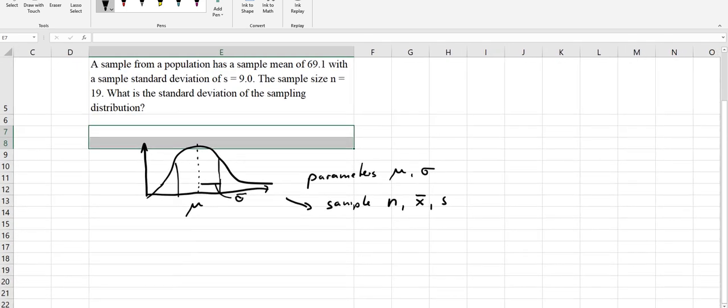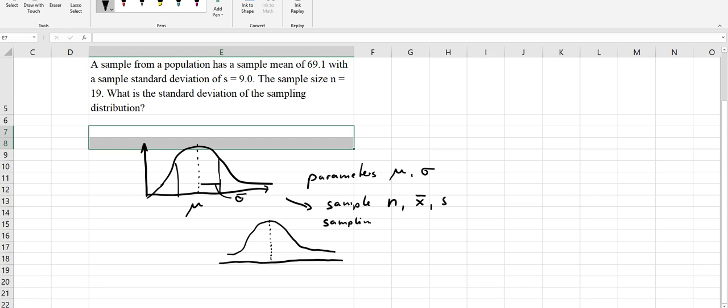Now, if I take loads and loads and loads of these samples with sample size n, then the central limit theorem tells us that we would end up with a normal distribution. So that would be our sampling distribution.